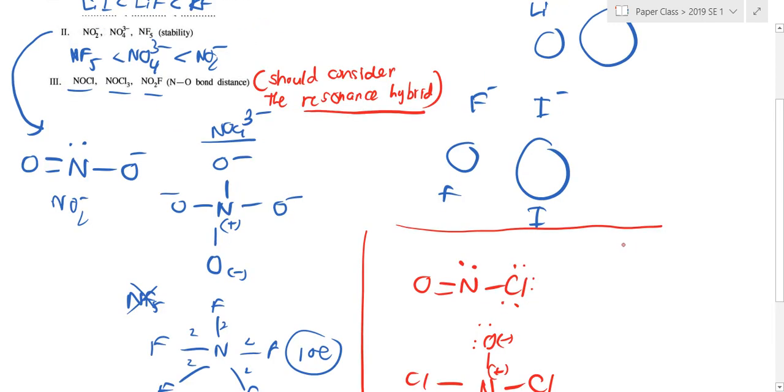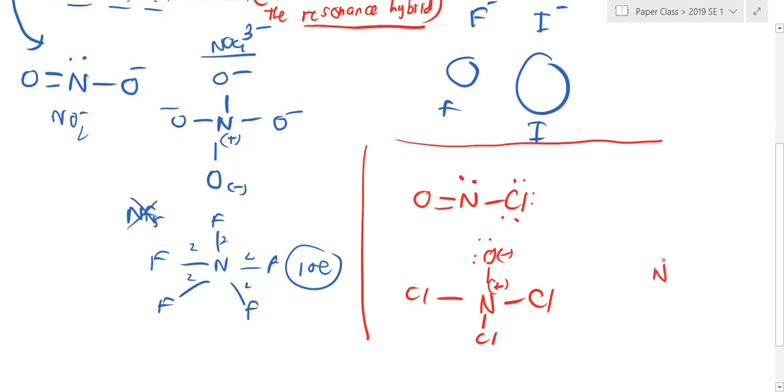It was the NO2F. Again the octet has been overcome: 2, 4, 6, 8, 10. Erase one and add plus and minus.